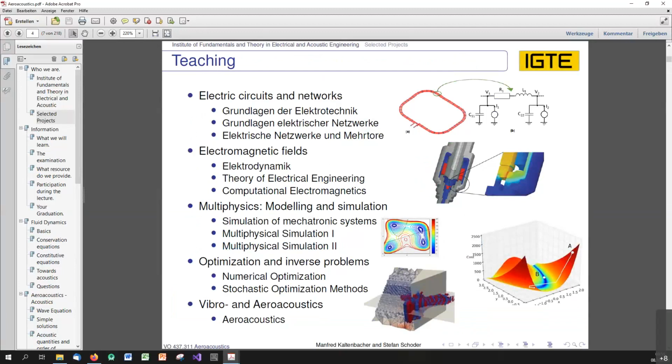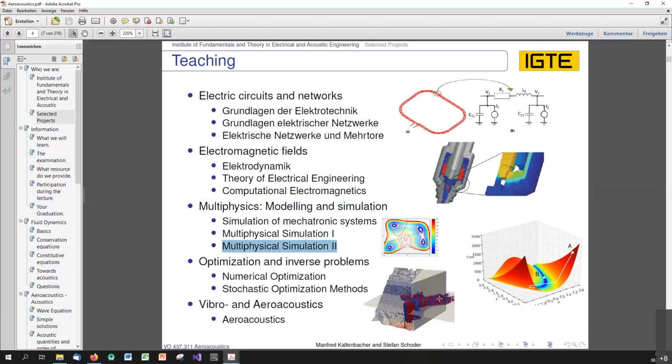There we also cover a lot of magnetics, and only a part of multiphysical simulation 2 is simulating aeroacoustic fields. So it's about 40% acoustics and aeroacoustics, and 60% magnetics.